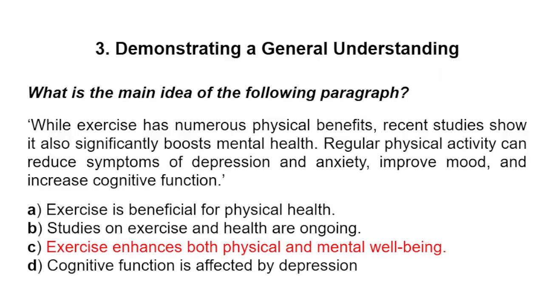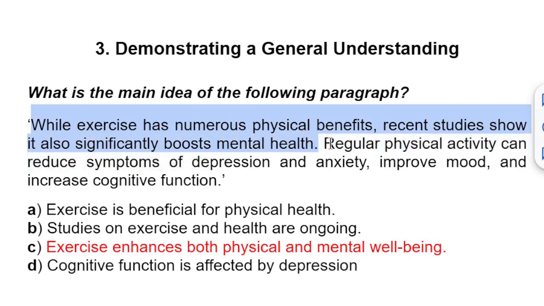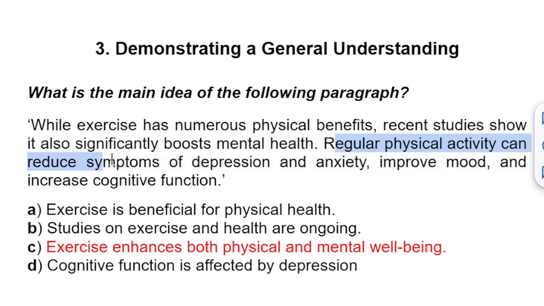The question in our quiz asks us to identify the main idea of the following passage. While exercise has numerous physical benefits, recent studies show it also significantly boosts mental health. Regular physical activity can reduce the symptoms of depression, anxiety, mood, and cognitive function.